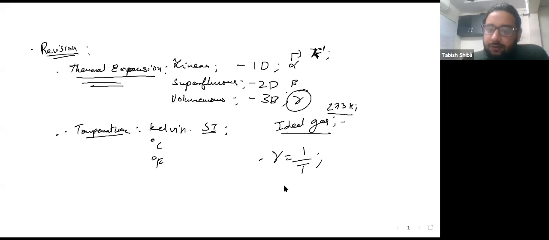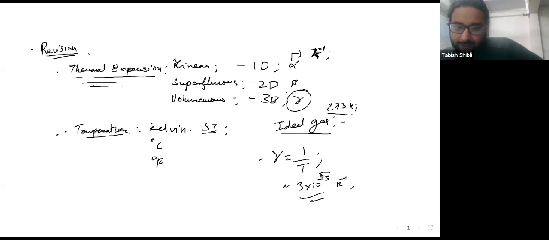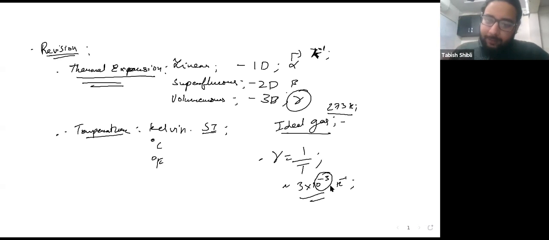So essentially this is almost equal to 3 into 10 raised to power minus 3 Kelvin inverse. Okay, make sense? Lovely. So notice that at normal room temperature, the value of gamma is around 10 to the power minus 3. This is for an ideal gas.